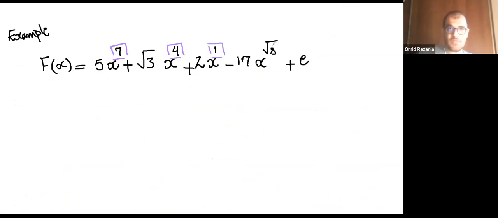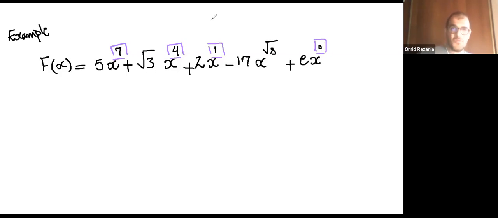For the e, I know that this is x to the power 0. I know that this is still a natural number, although it's the intercept. I assume that this one makes the polynomial.